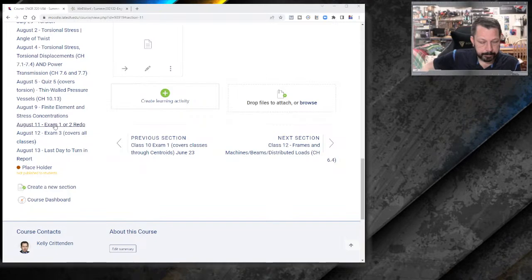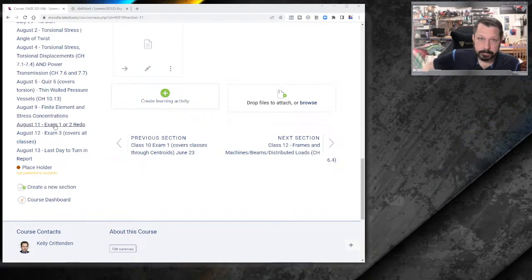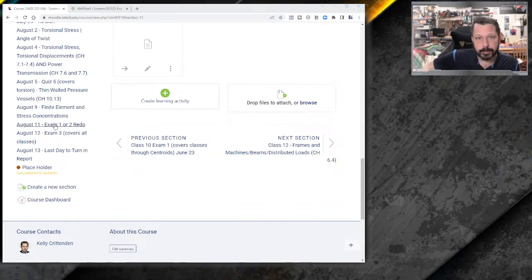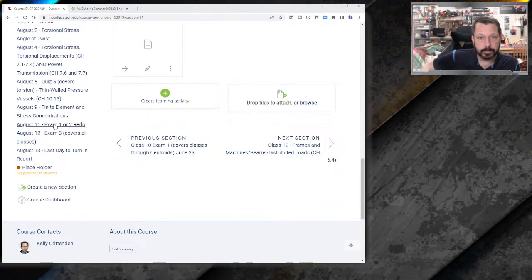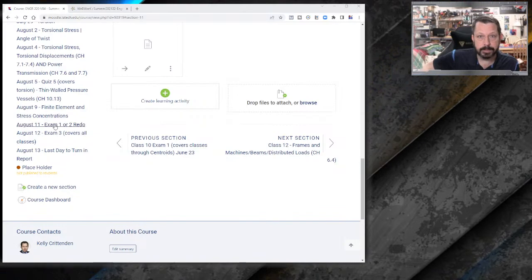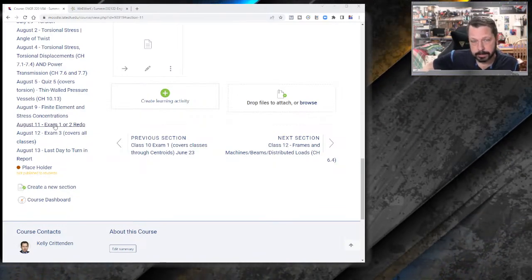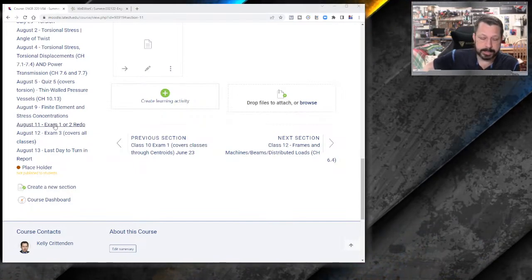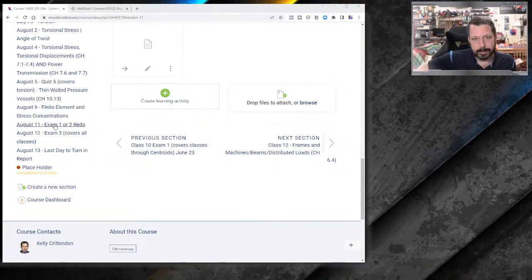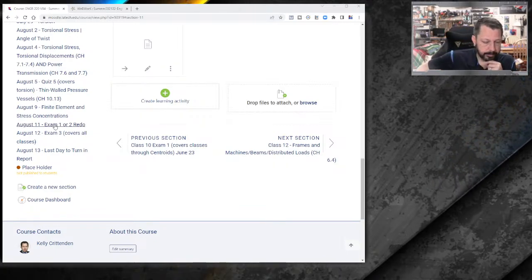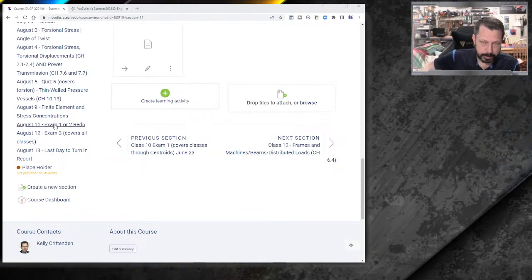You can go in and retake the exam. It's not going to be the exact same exam. It'll have the same types of questions, but different actual numbers and different question types, with the same content. So it'll be equivalent to the exam 1 or 2 that you did take, but not an exact copy of it. So that is what August 11th is, again probably not the actual 11th.